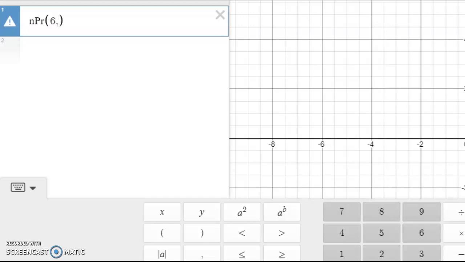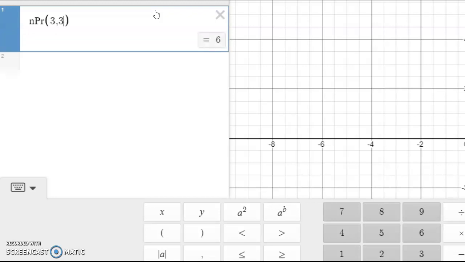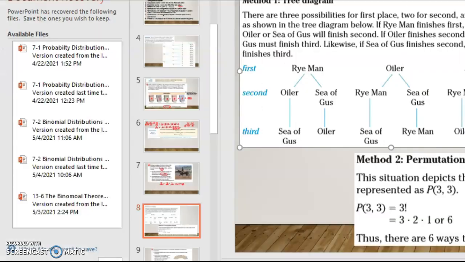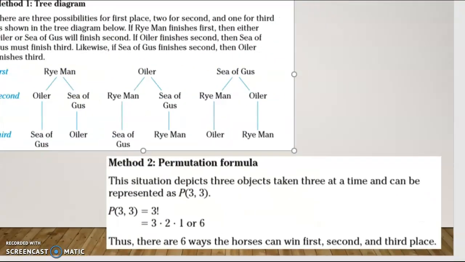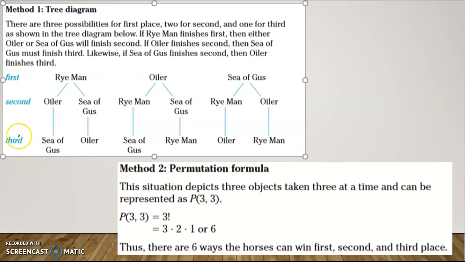And actually what we had there was 3 horses, taken 3 at a time. And it tells you right there, it's 6. Okay? So you definitely want to be able to do that.